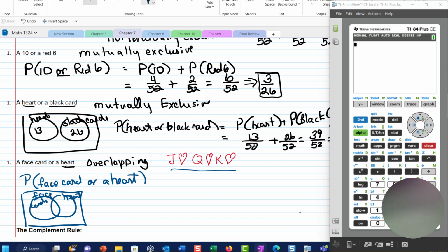So in this case, we have a jack, queen, and king in here. Leaves us 10 red. And in the face cards, I'm going to have 12 minus 3 is 9. 9 and 3 face cards will make 12 face cards, all the face cards. And 13 minus 3 makes 10. So let's write our probability out.